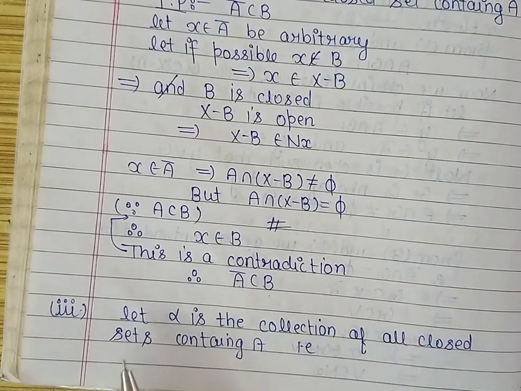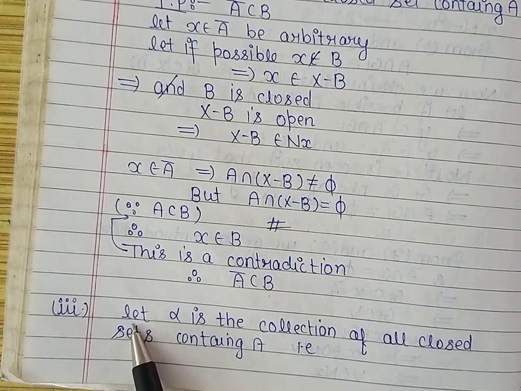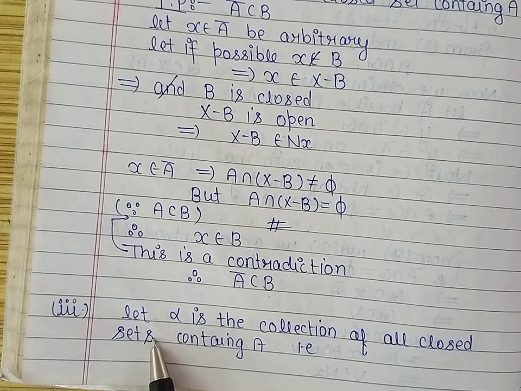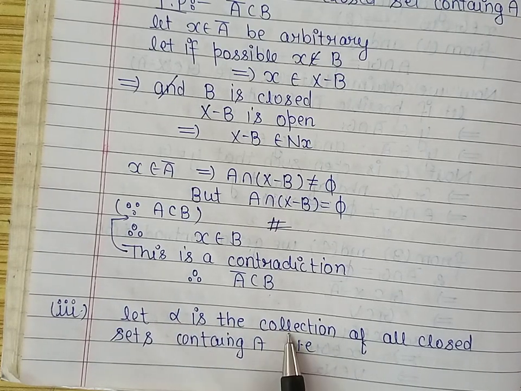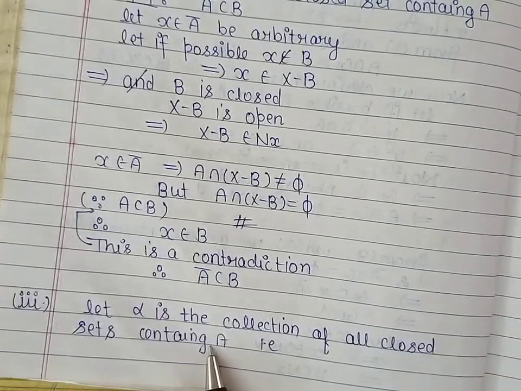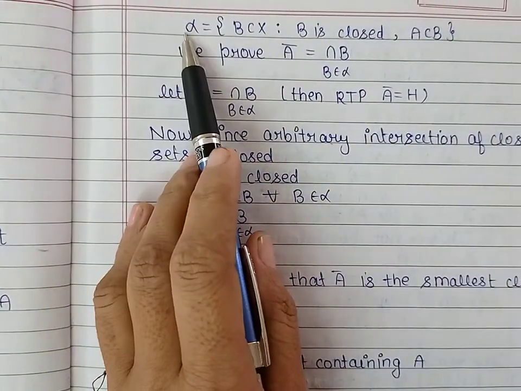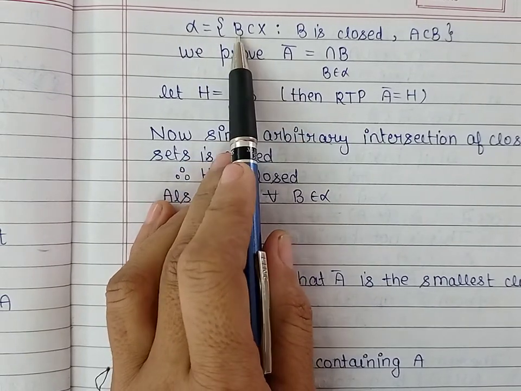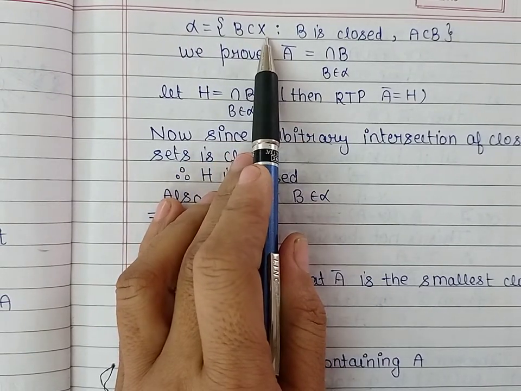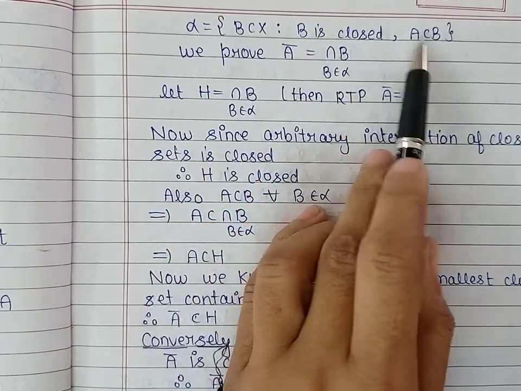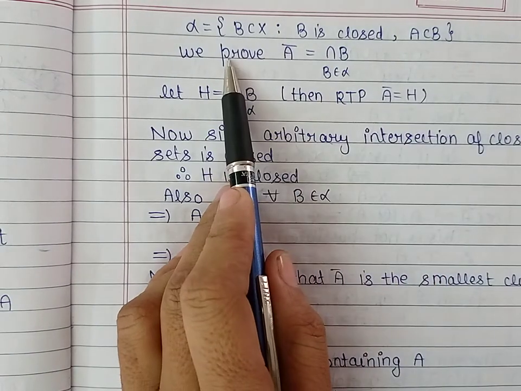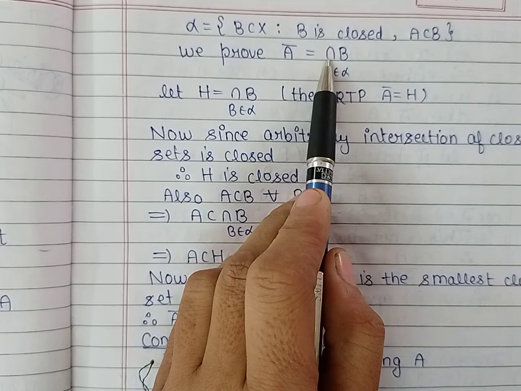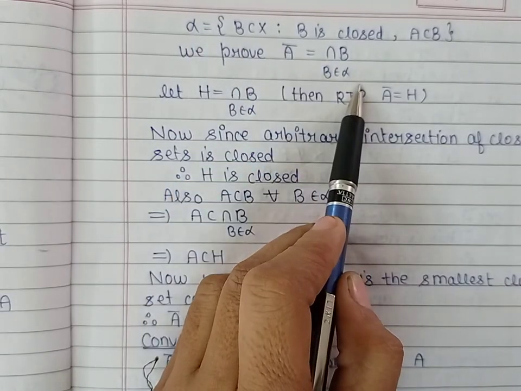Now the next property. In this property, we prove that A closure is the intersection of all the closed sets containing A. So let us take a collection alpha, which is the collection of all the closed sets containing A. It means alpha can be denoted by the collection of all those B which are subsets of X, where these B are closed and contain A, that is, A is contained in B. And we are to prove that A closure is the intersection of the members of this collection.